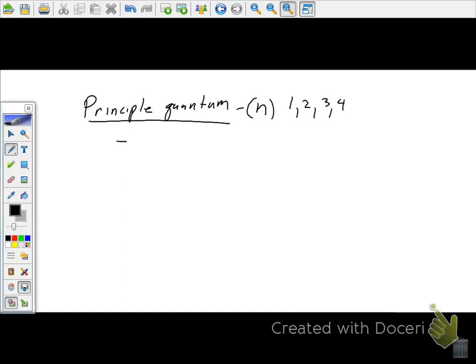And it represents the energy level of the electron. Okay? So a 2 is higher than a 1. It's farther away. A 3 is higher than a 2, farther away. On our drawing we had 1 closest, and so on and so forth. So that's called the principal energy level, and the higher you go, the more energy the electron is going to have. And that's what it talks about on page 136.